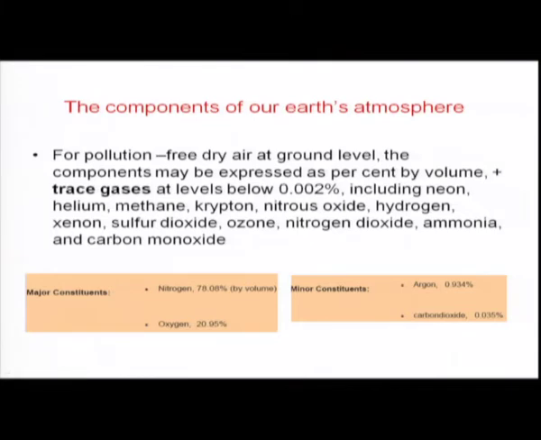Now, due to pollution, there is a change in the composition of these minor constituents, and we have a lot of variation in this also. Look at carbon dioxide alone. Before the industrial revolution, about 100 years back, the concentration was about 250 ppm. Now, because of various industrial activities, the carbon dioxide level has risen to about 410 ppm.